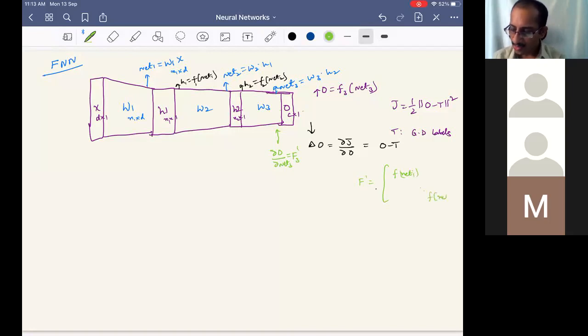Let us put this index along with net, not as a subscript, to be different from the matrix elements. Let us write this as net 3 directly, so you can distinguish between the matrix element and the notation we use for different layers. Hope you are able to see that.